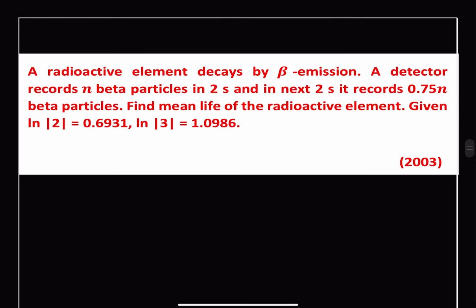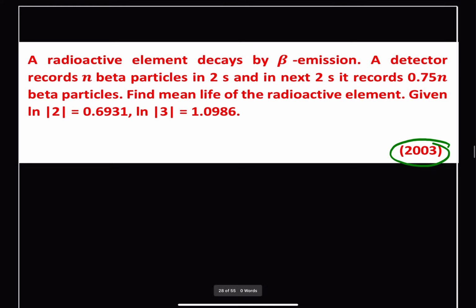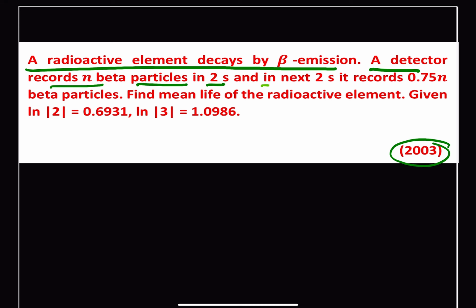It was asked in the year 2003, and it states that a radioactive element decays by beta emission. A detector records n beta particles in 2 seconds, and in the next 2 seconds it records 0.75 n beta particles. Find the mean life of the radioactive element, given that the values of natural log of 2 and natural log of 3 are given to us.